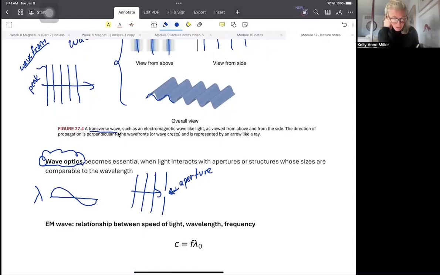If this is some aperture, let me call it A for aperture, the size of the aperture is approximately the same as the wavelength of the light. That's an assumption we're making. So we're talking about pretty small apertures when we're talking about things like diffraction.